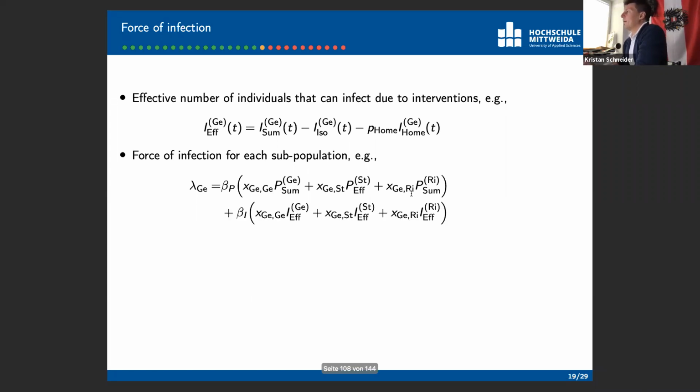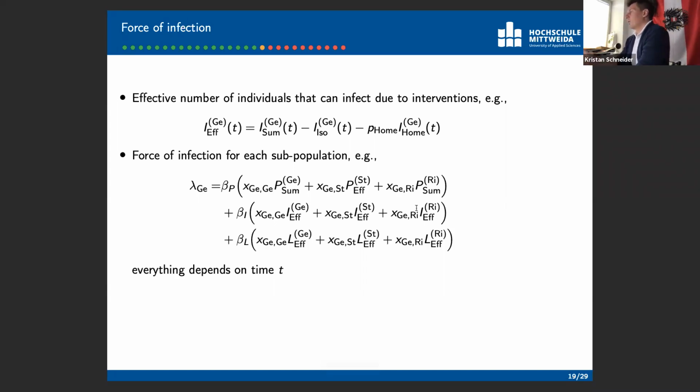And then you have the same thing with infective contacts with fully contagious individuals. Again, they can come from the risk group, the staff, from the general population. And then we have it finally with the late infective individuals. And of course, all these quantities depend on time. So that is how the contact behavior is modeled. If you're not so comfortable with the formulas, don't look at them.